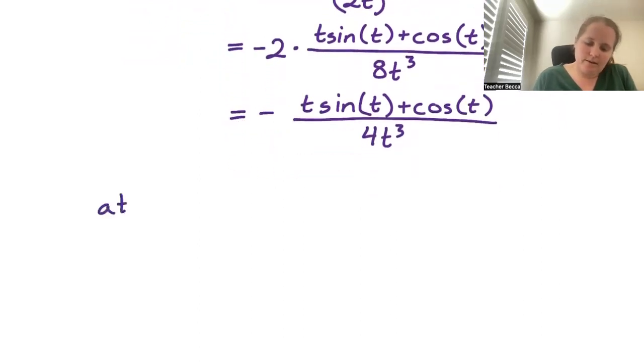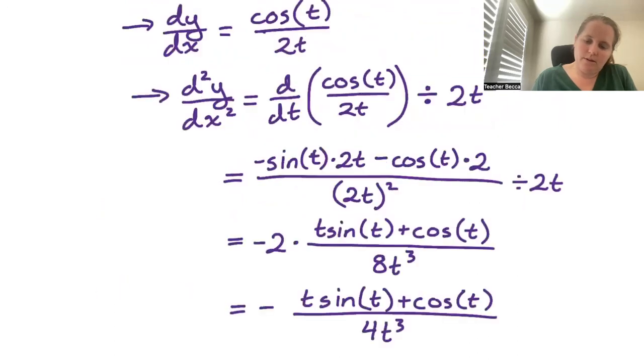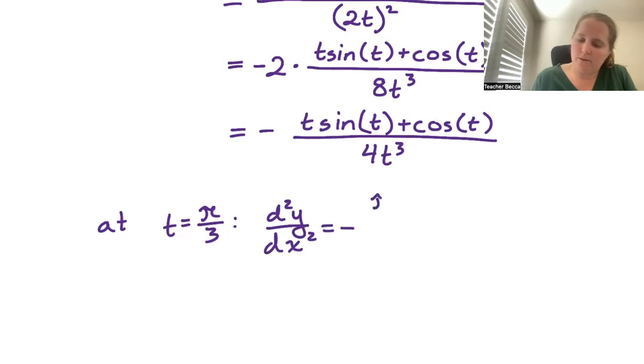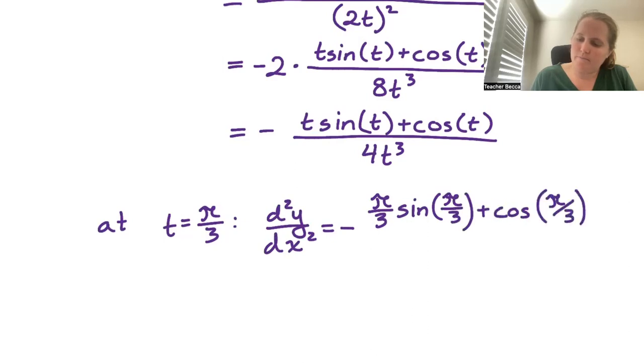So at t equals pi over 3, we have d squared y dx squared would be equal to a negative, and then pi over 3 times sine of pi over 3 plus cosine of pi over 3, all over 4 times pi over 3 cubed.